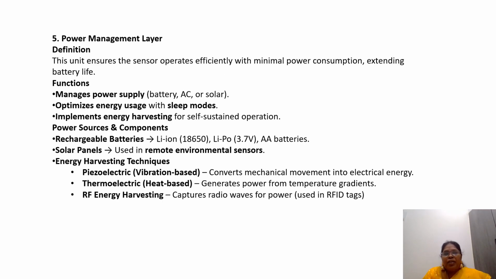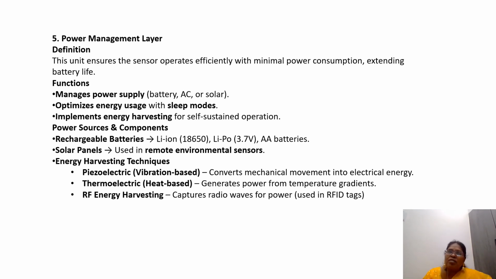And next comes the power management. Here, the sensor must operate efficiently with minimum power consumption, as that is needed. If the sensor operates with maximum power, it is not useful.